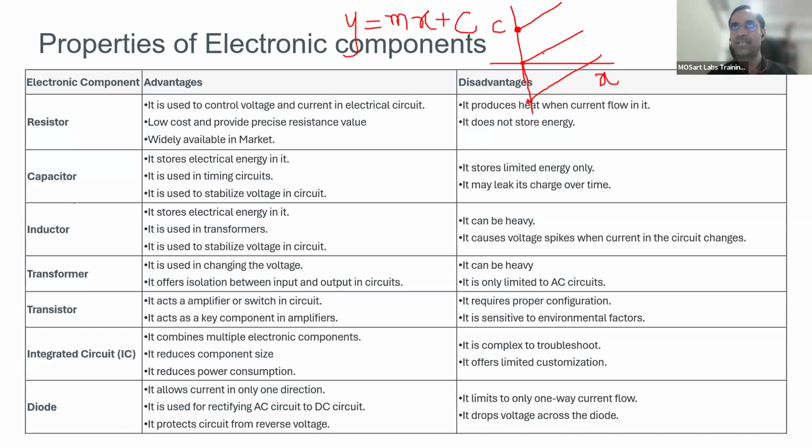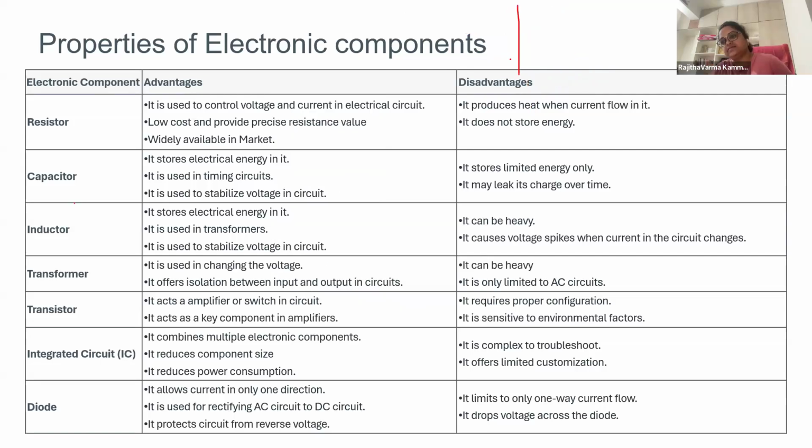And the slope of this is m. In trigonometry terms, does somebody remember what the slope of a line is? If you have an angle theta, it is tan theta. And why is it tan theta? Let's say you have a line like this.